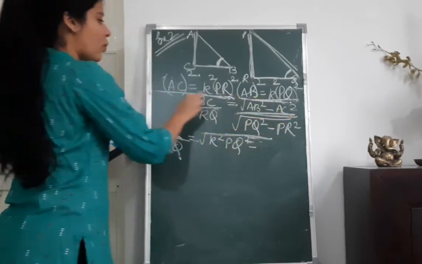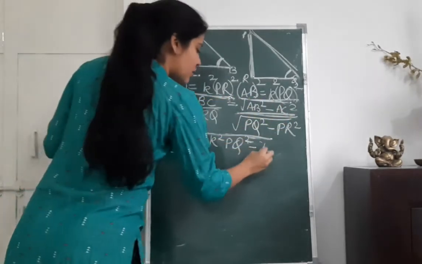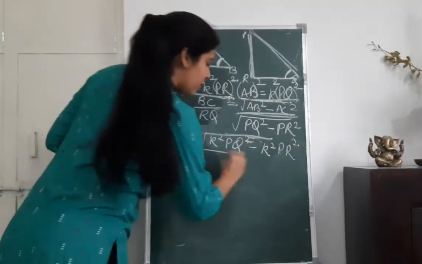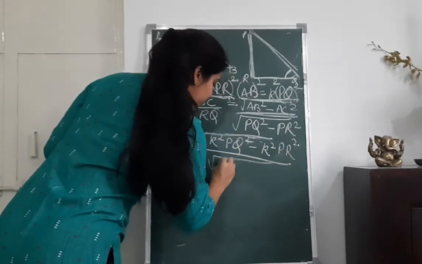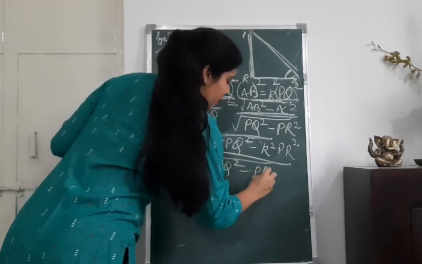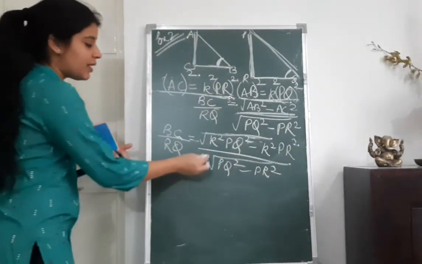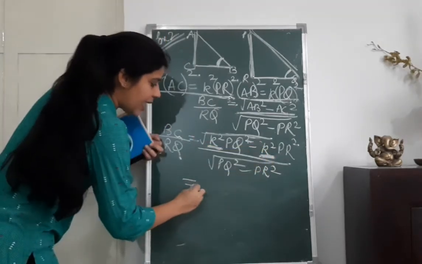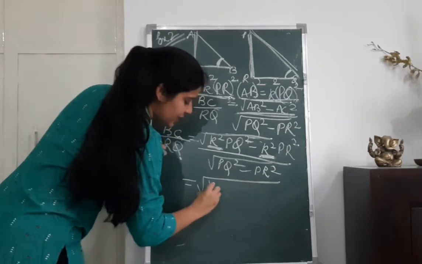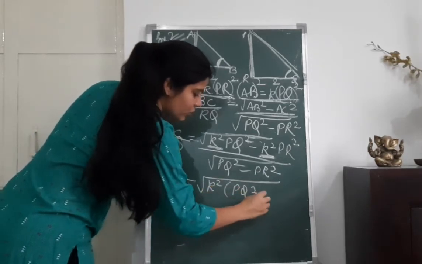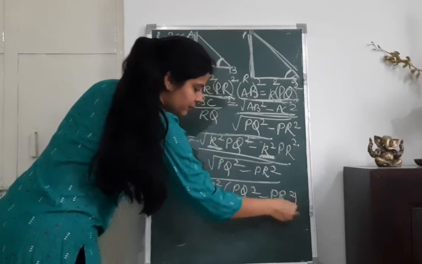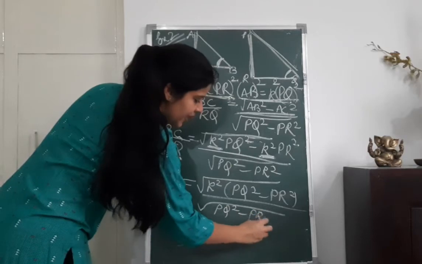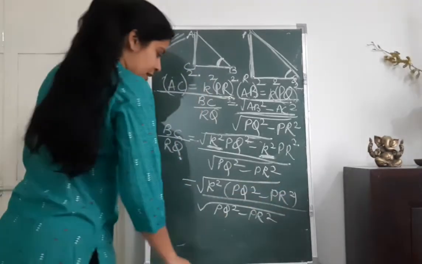And what is AC square? K square PR square. So minus K square PR square, upon root of PQ square minus PR square. See now, K square and K square, can I take this common? I can, and I can write it as root of K square bracket PQ square minus PR square, upon root of PQ square minus PR square, right? Now let's see.